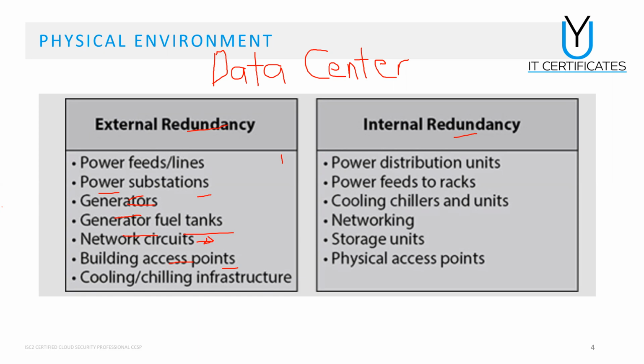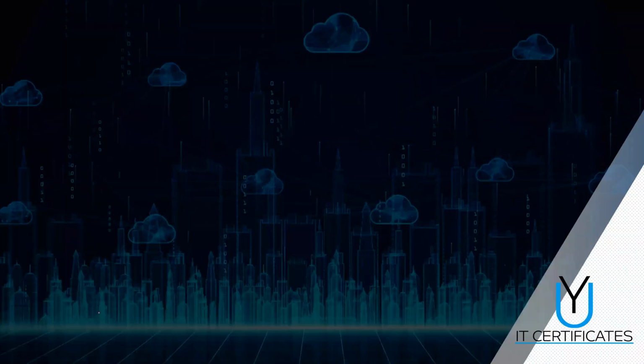If the main or production data center is down, the other one will take over, and the data is already replicated. Then the user will not feel any downtime. He may feel a degradation in performance, but it will never stop. Finally, the physical access points, as we discussed in the building access points in the external redundancy concept. These are the points you have to consider for the physical environment of the data center.